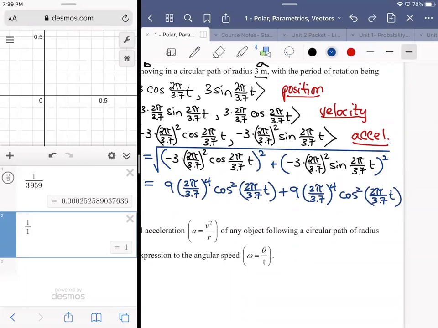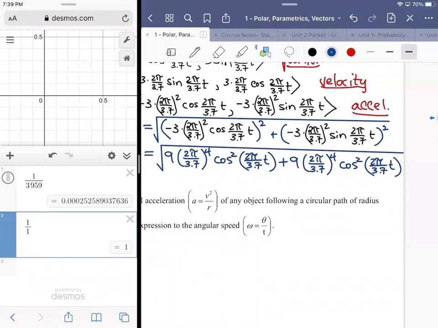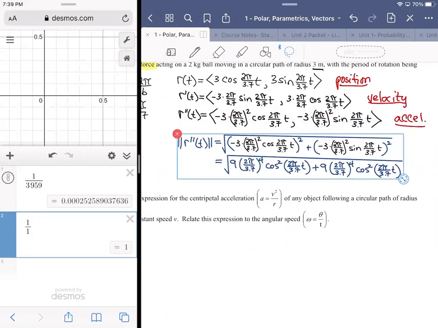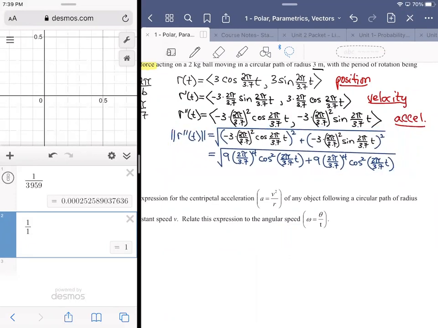That is not a radical. A little bit better. All right.